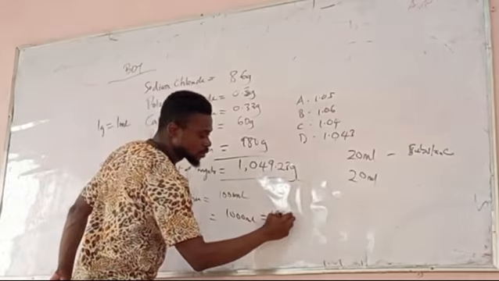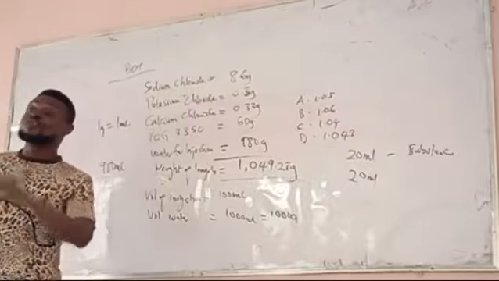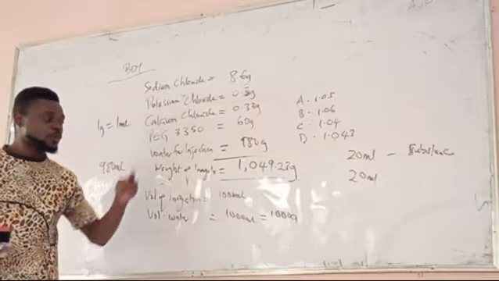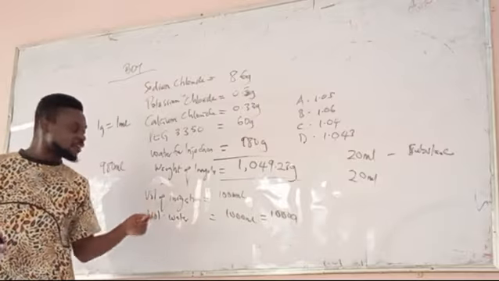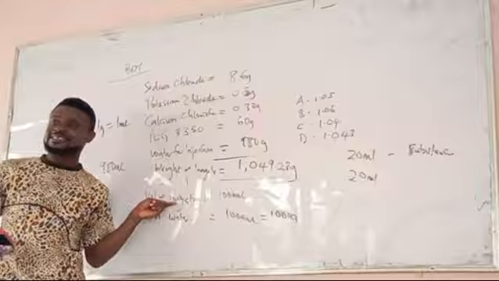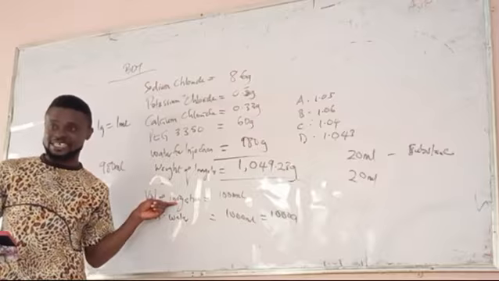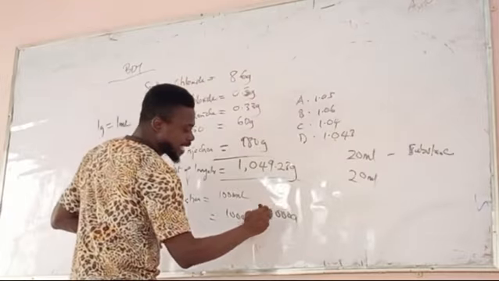So the weight of equal volume of water is 1,000 grams. What it means is that 1,000 grams of water has the same volume as the Ringer's irrigation.